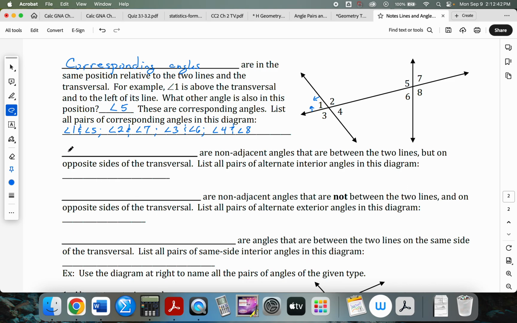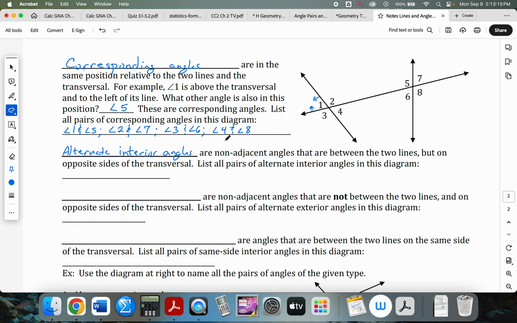All right, the next term is alternate interior angles. Alternate interior angles. So alternate just means one side then another, or one thing then another.